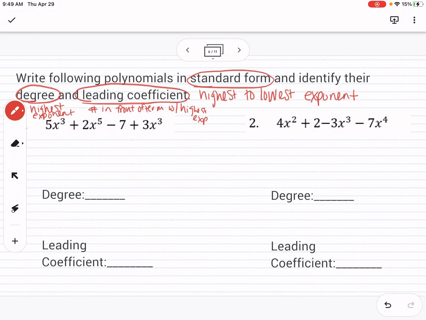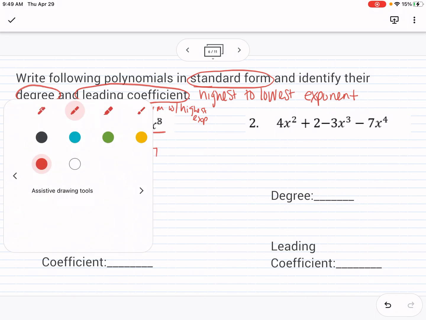So here I'm going to reorganize this from highest exponent to lowest. So 3x to the 8 would be the highest exponent. Next would be 2x to the 5th. Then positive 5x cubed. Then negative 7. So this is in standard form.